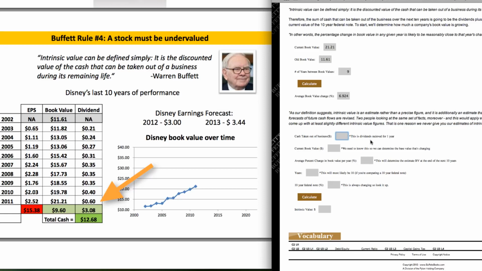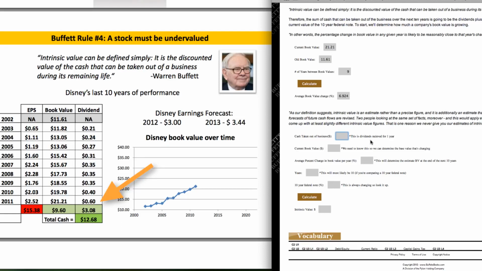So for me, most companies, whenever they set a dividend, they set that dividend at a fairly conservative value, because whenever a company lowers their dividend, it usually has an enormous impact on the stock price. So whenever Disney raised their dividend up to 60 cents, they did that probably as a pretty conservative move, knowing that if they even go into hard times, that they're going to be able to continue paying that 60-cent dividend. So for me personally, I'm comfortable using 60 cents in here for the calculator.